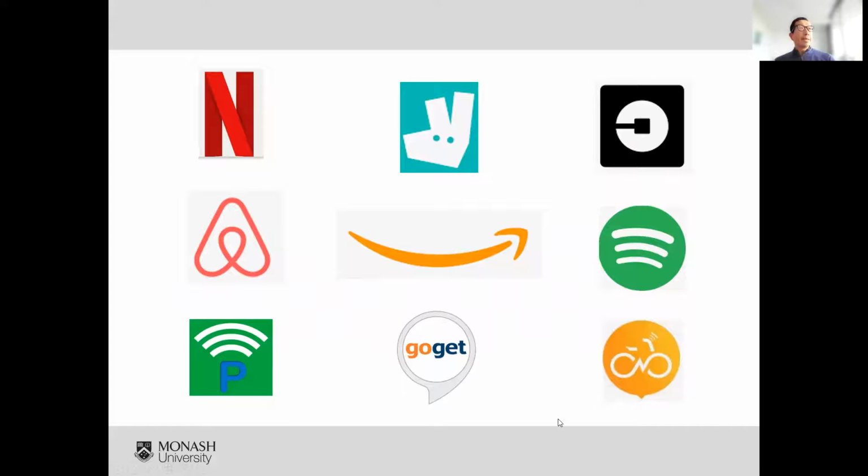And these are the company logos of very, very successful companies in the last 10 years that continue to be very successful: Netflix, Deliveroo, Uber, Airbnb, Amazon, Spotify, etc. Stop and think about why these companies are super successful. They are game changing.